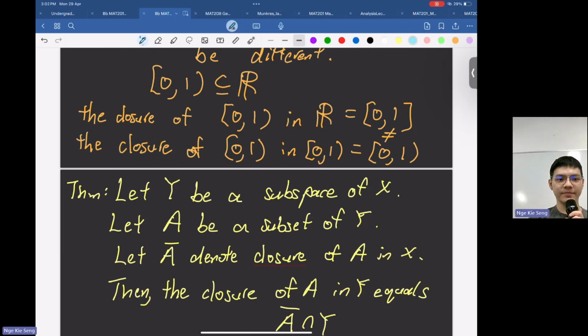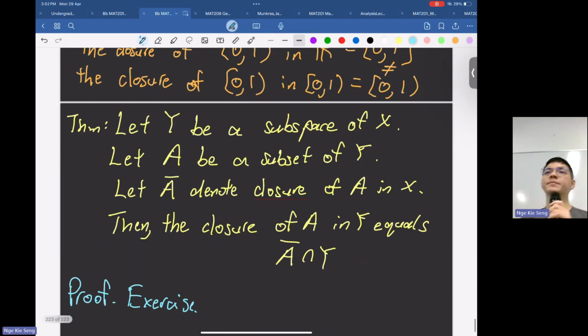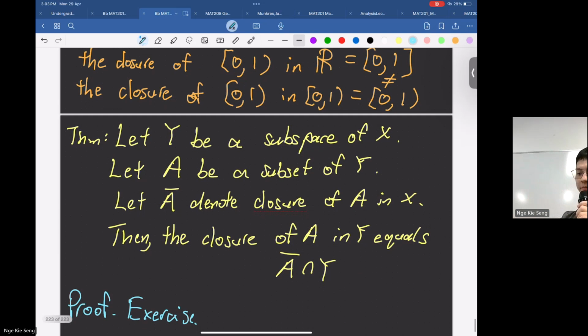Any question on using this theorem or trying to prove it? Is it clear how to prove it? Is it clear how to start? You need to take some closure.